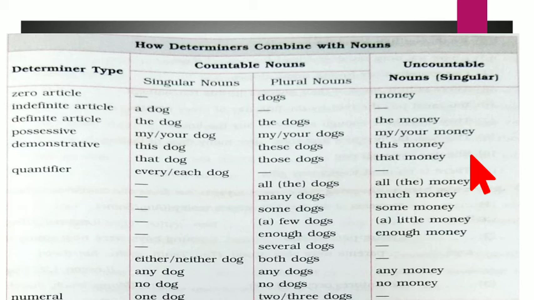All the money which you had been saving can be utilized for your future. I have some money, I have some savings, I have much money kept for my future, a little money, I have enough money for my future, any money, no money. So everything which can be utilized, that means quantifiers can be utilized here.